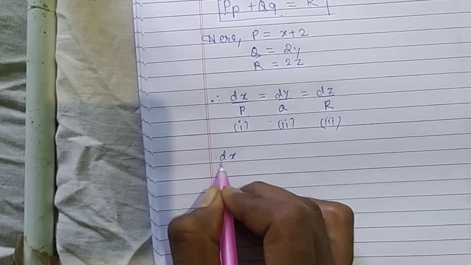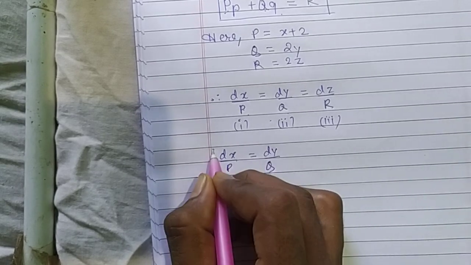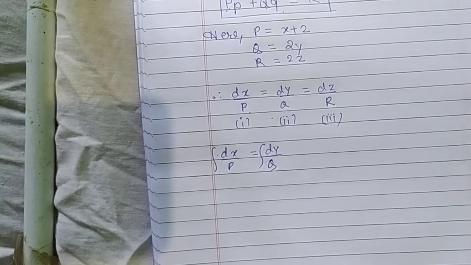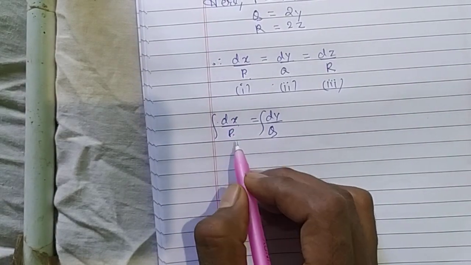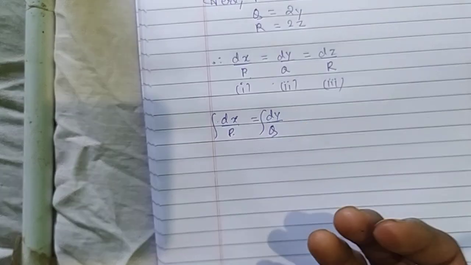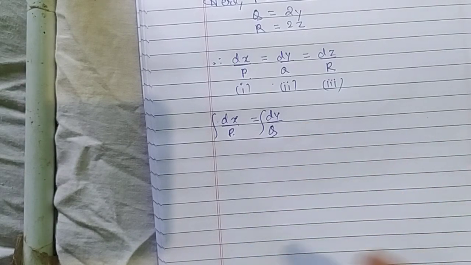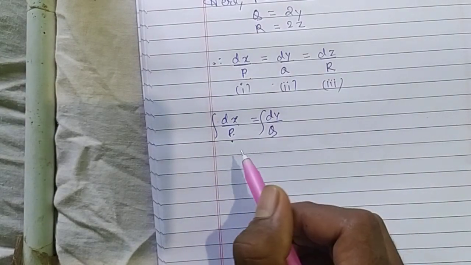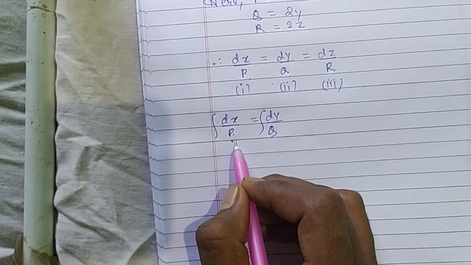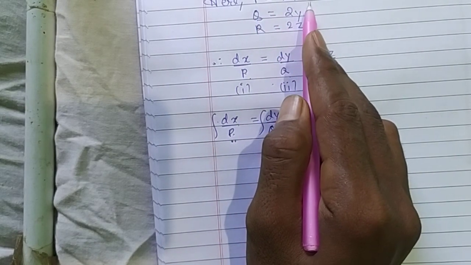So let dx by P is equal to dy by capital Q. Integrating both sides, what do we observe? This is very simple integration, right? The integration is standard form, as we all know the integral of 1 by p. But of course, we do not write the p, because I have assumed the value of P. P is equal to x plus 2.